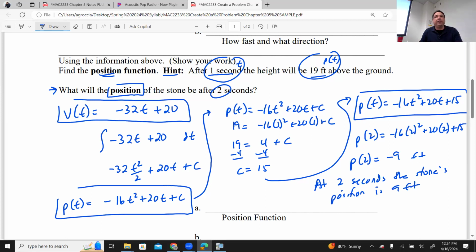How do you explain the negative? It's not direction. Good. Below ground. What does that mean? That means we have this person throwing a stone. This is 0. It goes up, it goes down, and after 2 seconds, it's 9 feet below the ground. It's 9 feet below the ground. Okay? And with that, now we are done.